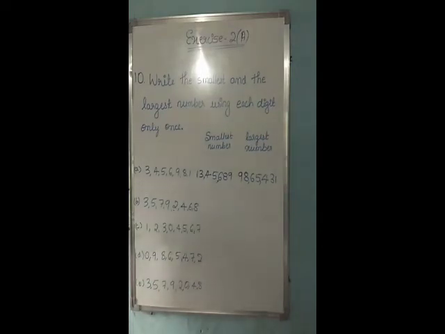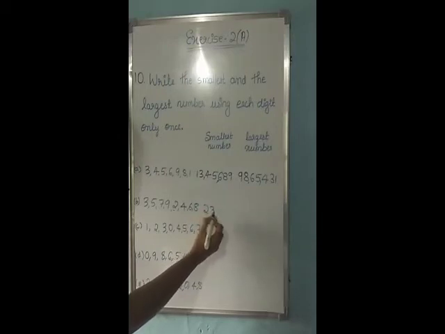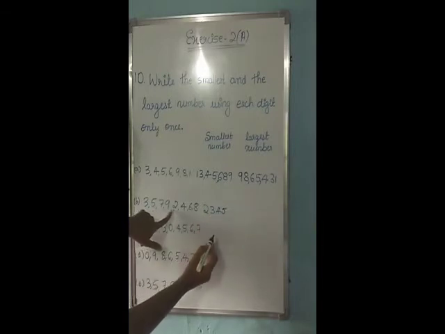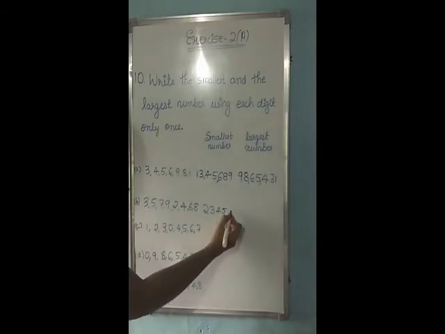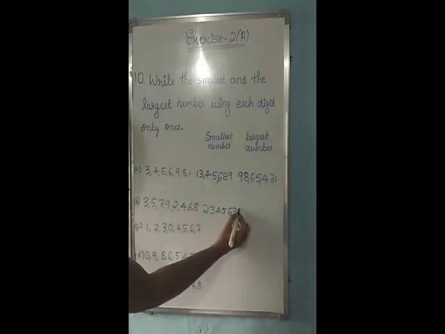Next one. Here also we have to arrange the given digits 3, 5, 7, 9, 2, 4, 6 and 8 in ascending order. Then we will get 2, 3, 4, 5, 6, 7, 8 and 9.